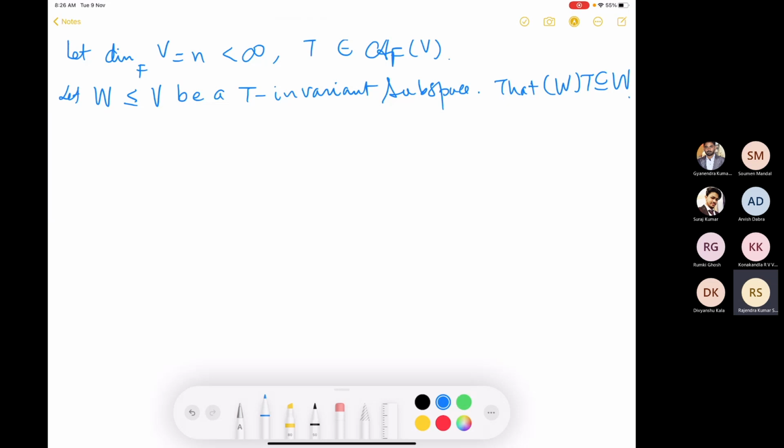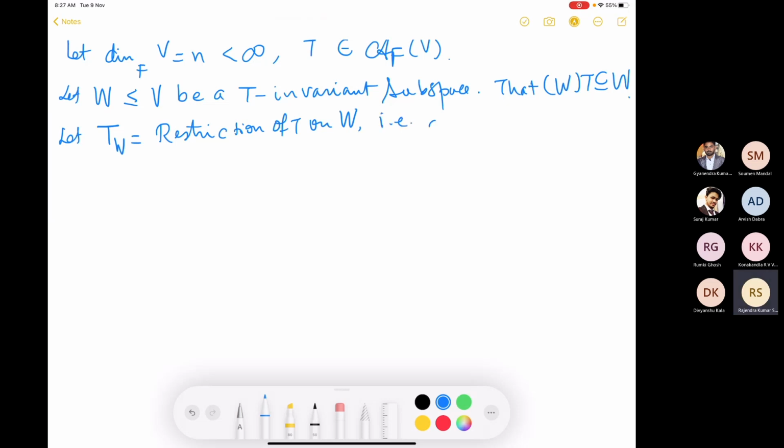All right, so let us take this T is V to V, and let us take T_W to be the restriction of T on W. That means what?